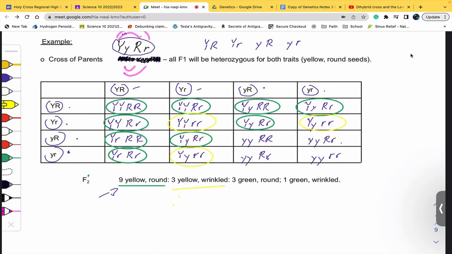What about green round? So green would be little y, with at least one big R. So let's do that.